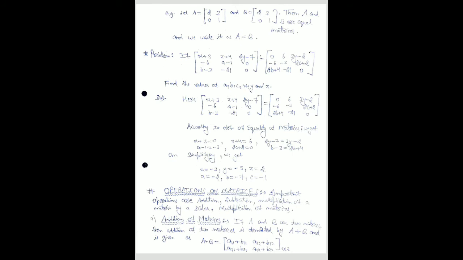According to the first condition, both matrices are of the same order. Since both matrices are of order 3 cross 3, they satisfy the first condition. Now the second condition is that corresponding elements of both matrices are equal. We use the second condition to find the values of a, b, c, x, y and z.